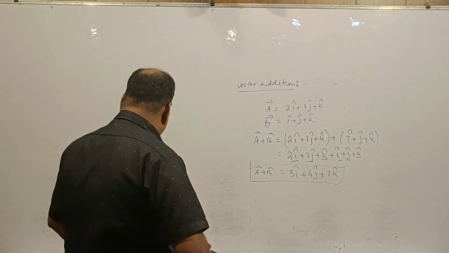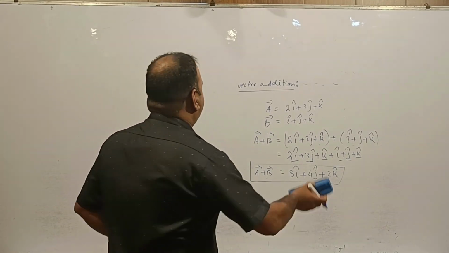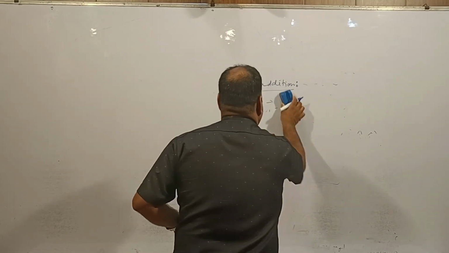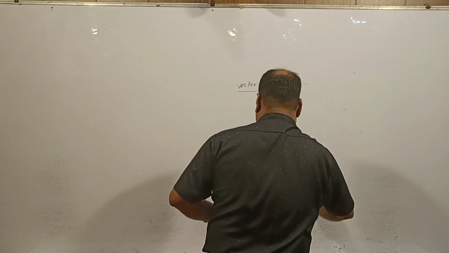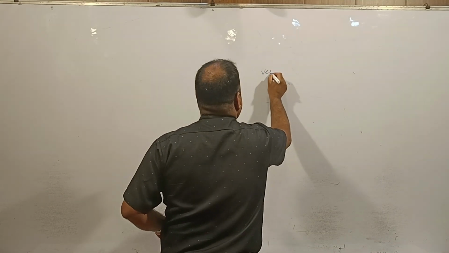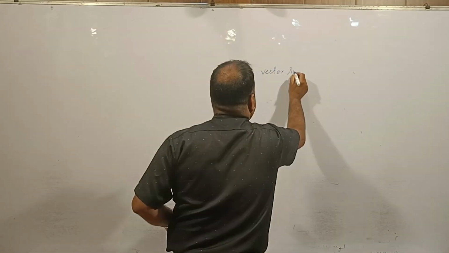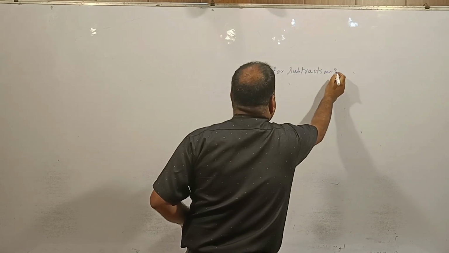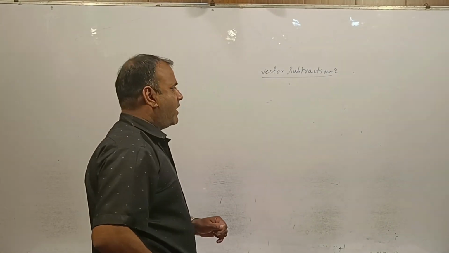So now what is vector subtraction? You just see vector subtraction. What is the meaning of vector subtraction?